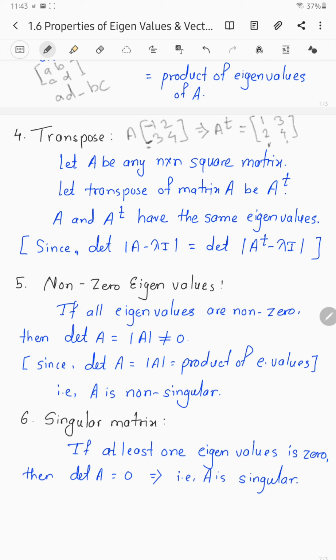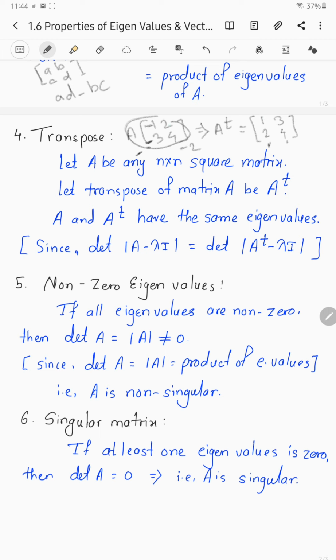Now note that A and A transpose have the same eigenvalues. Why? Because the determinant of A and the determinant of A transpose are the same. From here you can check that the determinant of this matrix is 4 times 1 minus 3 times 2, that is minus 2.